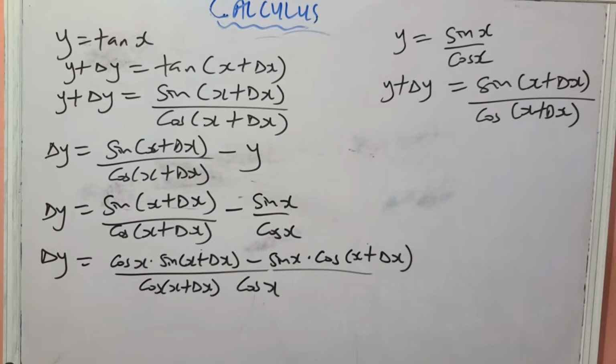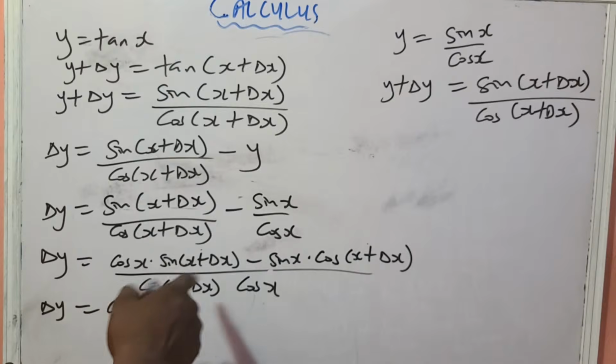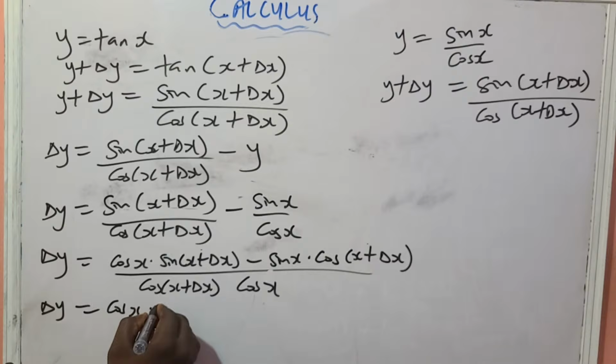Let me just write it directly. Of course, change in y will be equal to cos x multiplied by, now let's apply the compound formula for this. What's it going to be? I want to use a bracket because this is a compound expression.